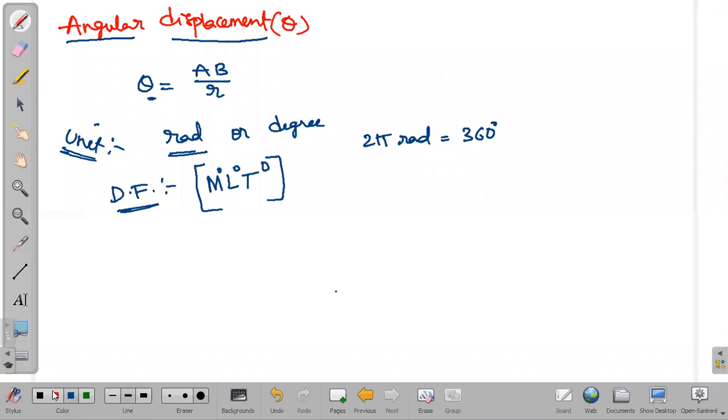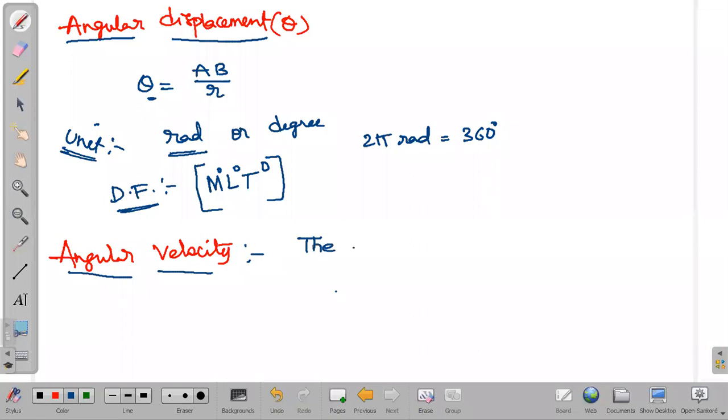Next definition is angular velocity. Here we will have a little more information on angular velocity, in detail. Angular velocity, the same way we defined velocity, here also we will define. Velocity means it depends on time.